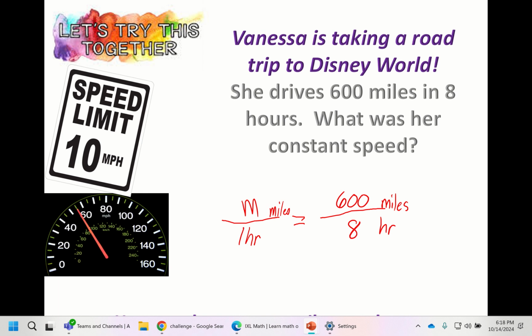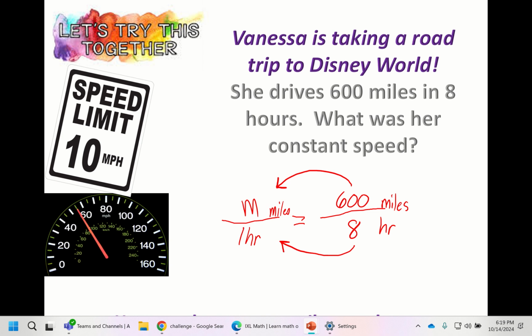All right, so the first thing we are going to do, I don't know the miles here, so I am going to point my arrow to what I don't know yet and point my second arrow in the same direction. And I am asking myself, how am I going from 8 down to 1 hour? 8 hours down to 1 hour, right?